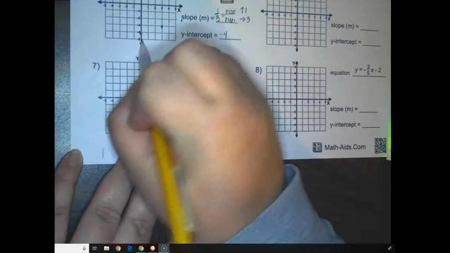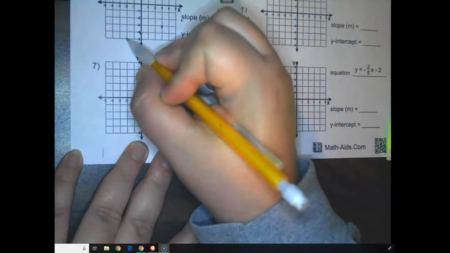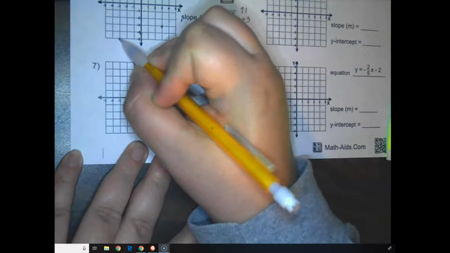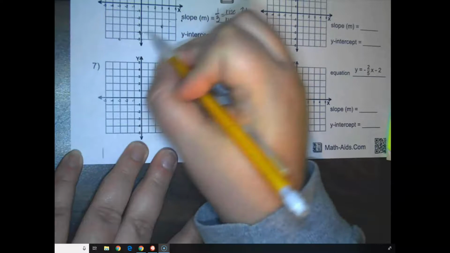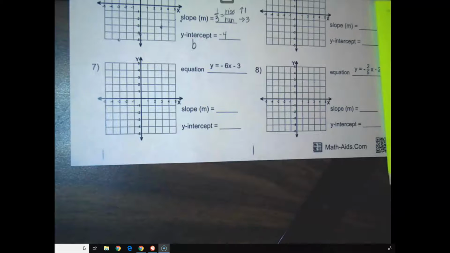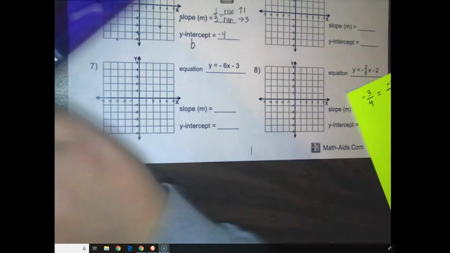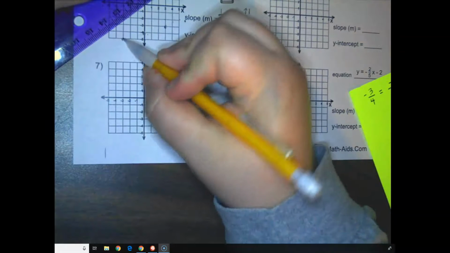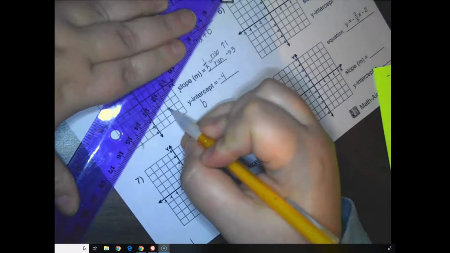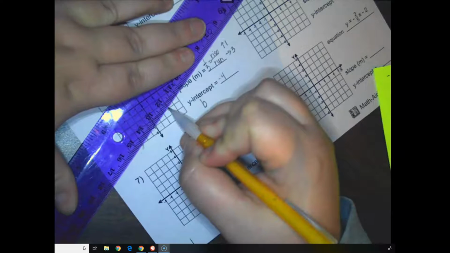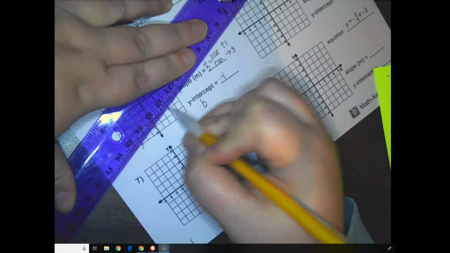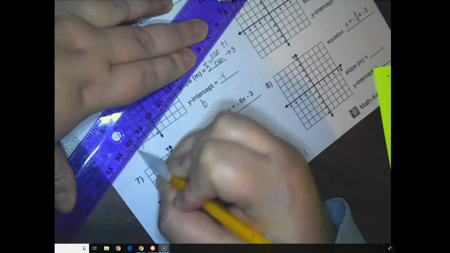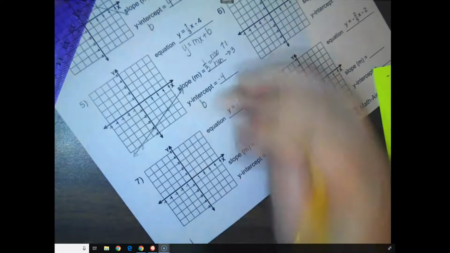We went to the right 3, so let's go to the left 3. 1, 2, 3. And you'll notice that that dot's going to line right up with my line. Sorry, I got to tilt my paper to draw this one. Sorry if that kind of messes with your mind a little bit. There we go.